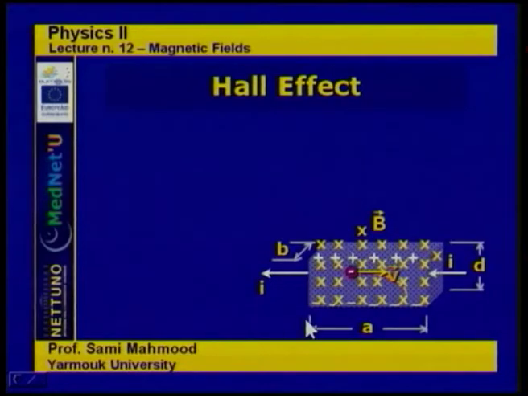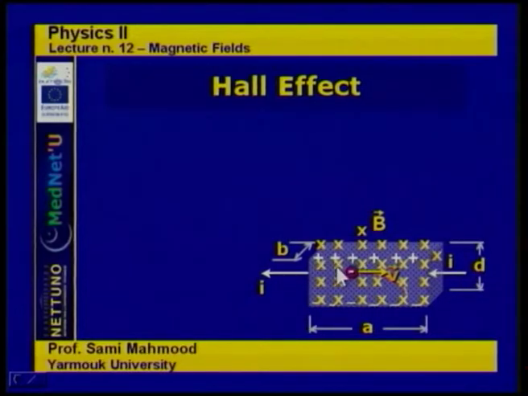Let's assume that the length of the strip is A, the width of the strip is B, and the height of the strip is D. And let's assume that this strip is carrying a current I from right to left, as shown in the figure.